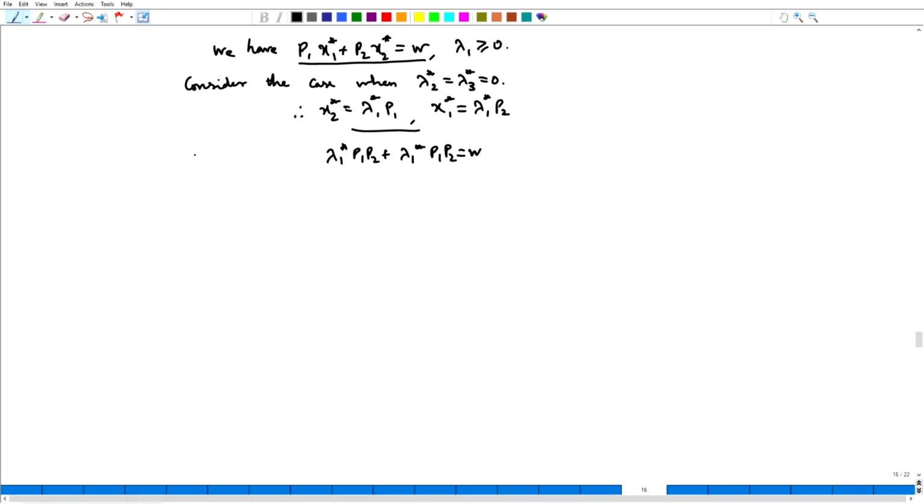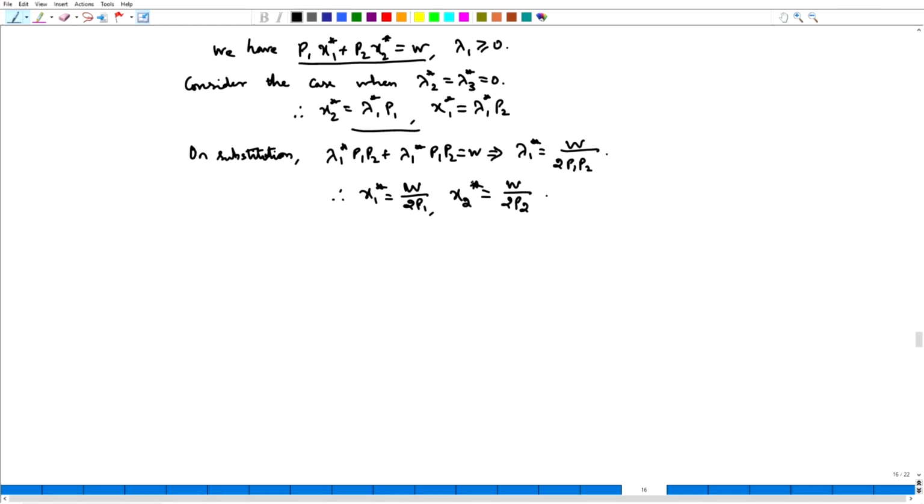So, on substitution, we have this, which means lambda 1 star is w by 2 p1 p2. Therefore, x1 star is this multiplied by p2, which is w by 2 p1, and x2 star is w by 2 p2.